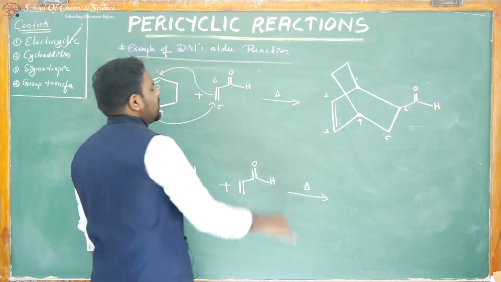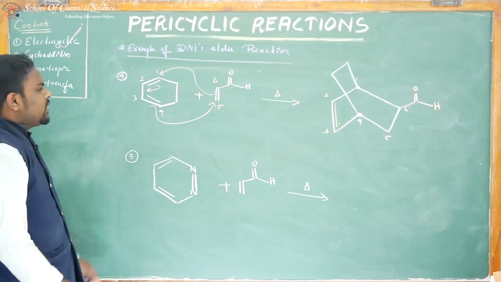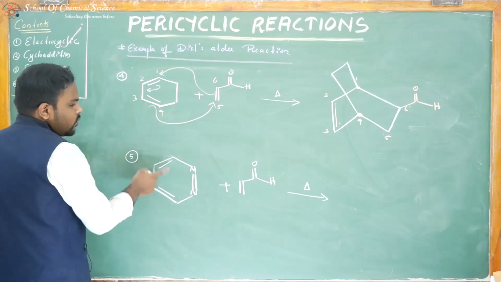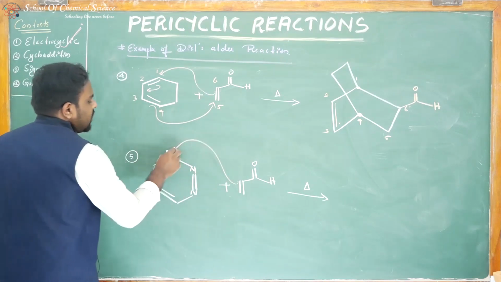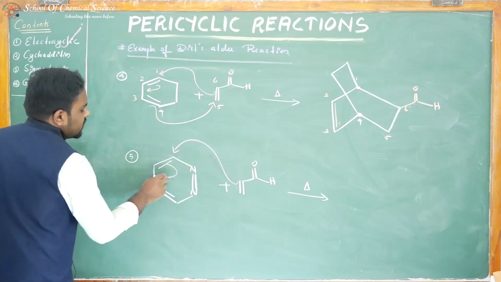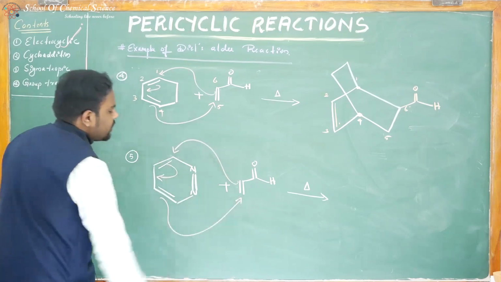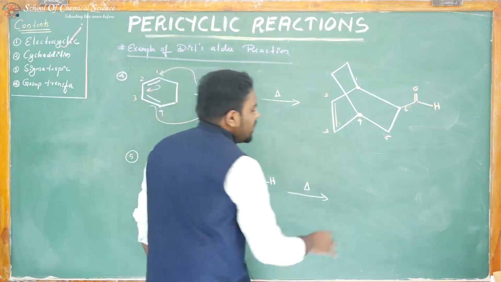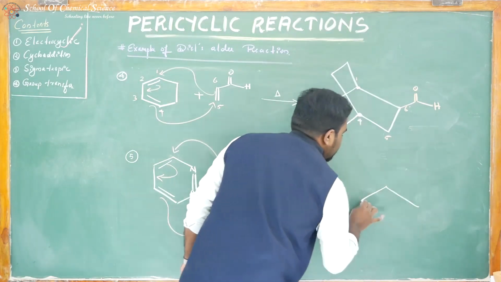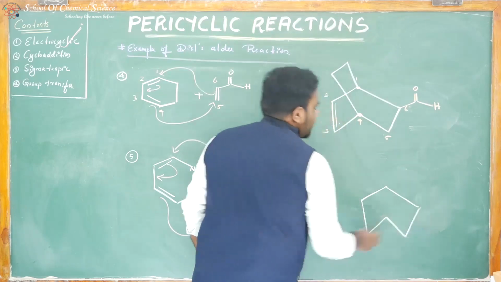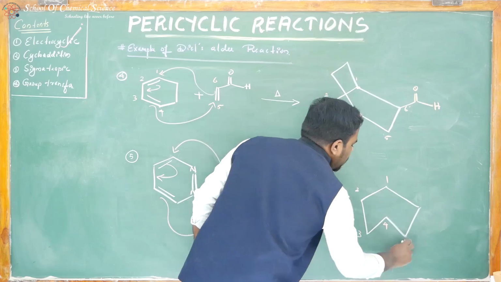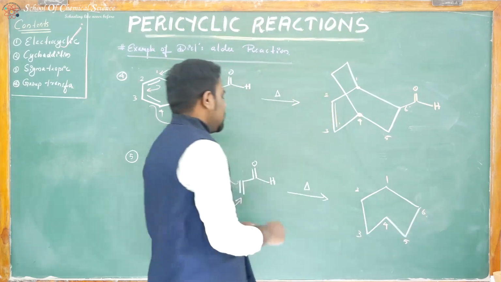This reaction is also under thermal condition. All 4+2 reactions take place under thermal condition. What's the reaction? These are the 2 double bonds that you have to consider. So this pi electron attacks here, this will move to here, this will make a sigma bond here. So 1, 2, 3, 4, 5, 6. A 6-membered ring is your product. The 6-membered ring can be represented like this. This is 1, 2, 3, 4, 5, 6.